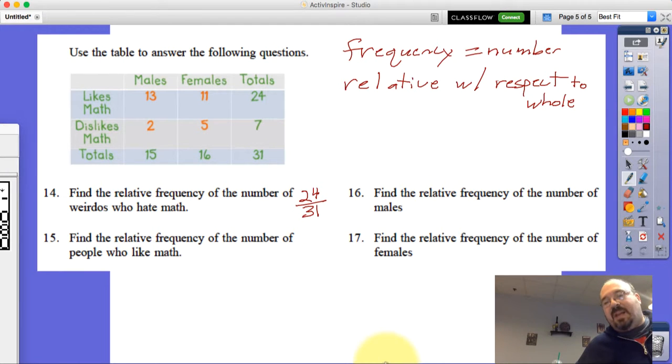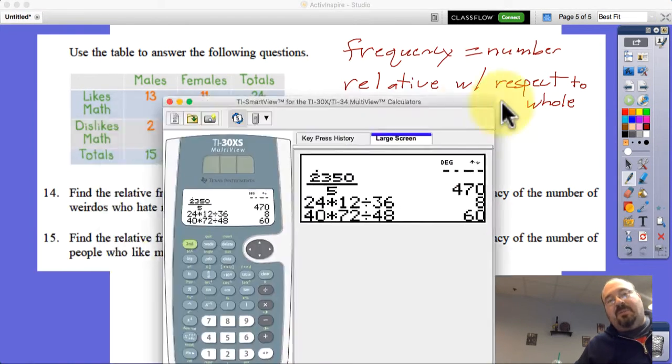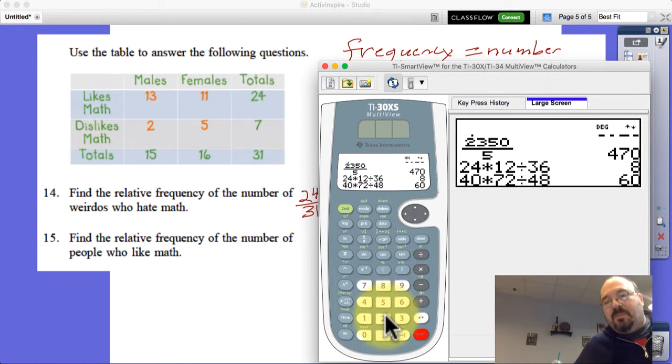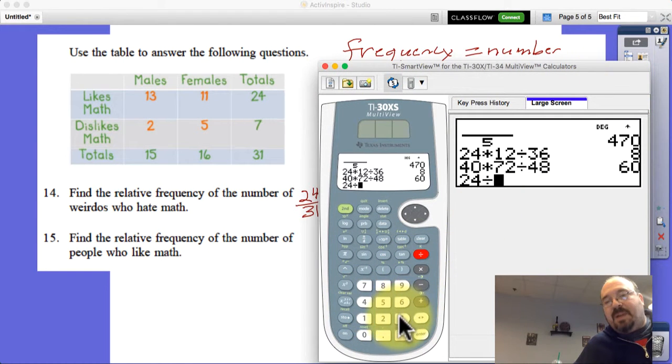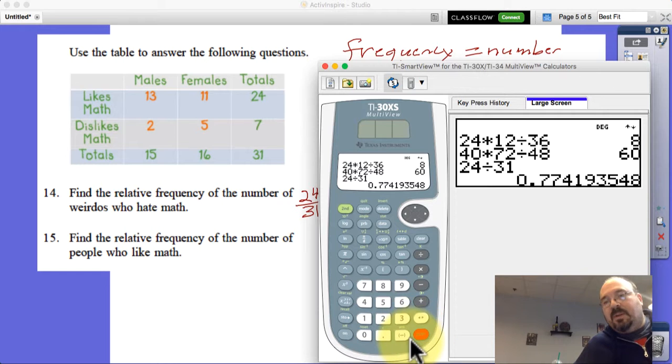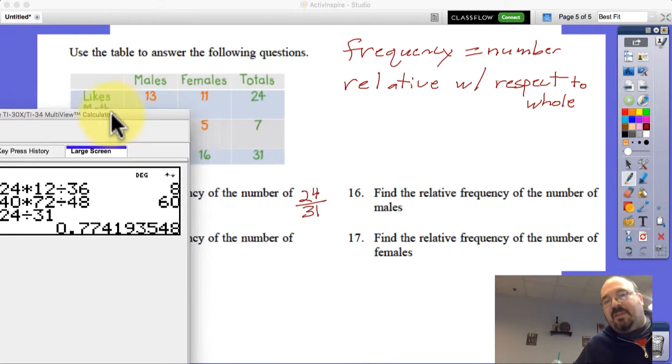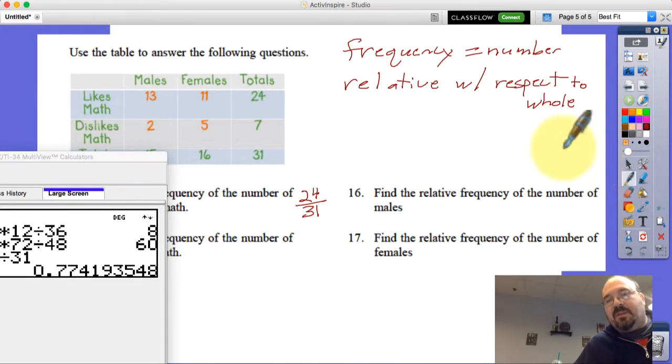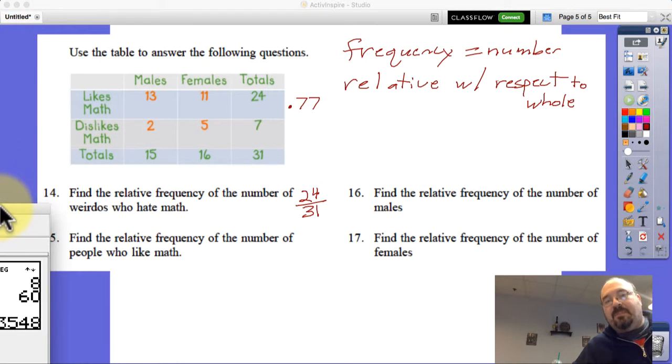You can just write that as a decimal. So 24 divided by 31, and you get 0.77. All right, so 0.77 people like math.